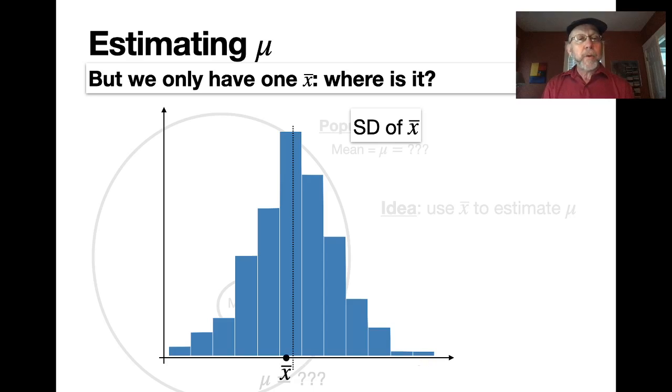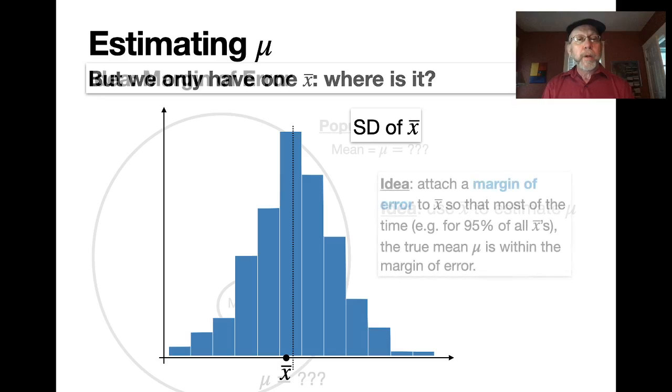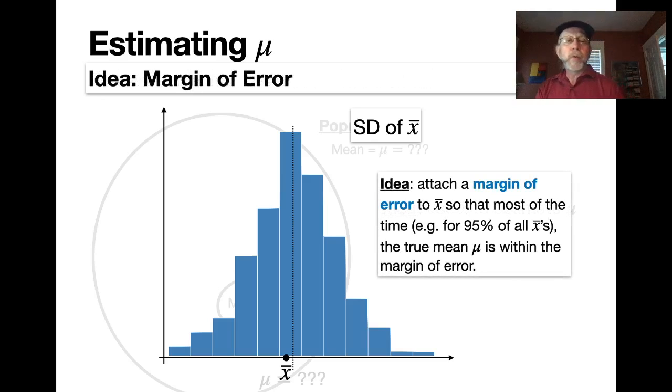So, what can we do here? Well, the idea we're going to pursue is to attach a margin of error to our sample mean in a way so that most of the time, for instance, maybe 95% of the time, for 95% of all x bars, the true mean is within the margin of error.